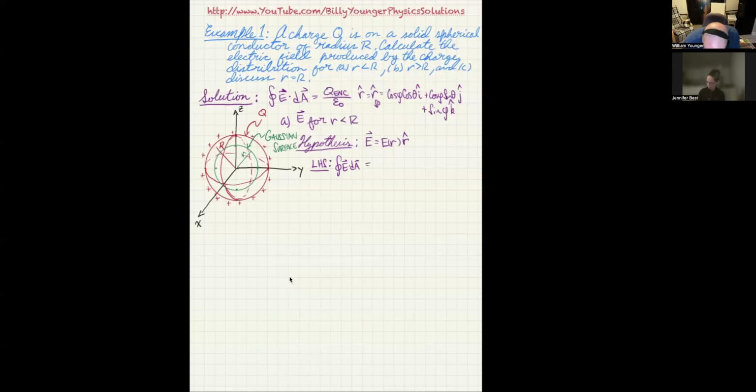So everywhere on the surface of this green sphere, the electric field is going to be E of r times r hat. And what we're going to discover is that there's a little differential area element that I'm drawing right now.